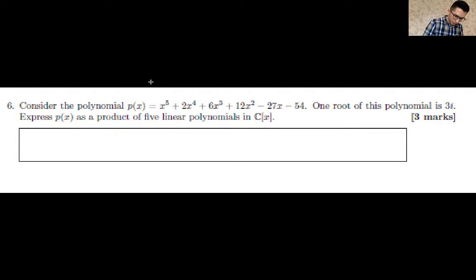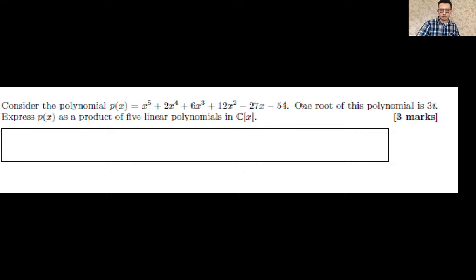So I'll write out the equation. Okay, so x to the 5, 2x to the 4, positive 6x cubed, 12x squared, and 27x.